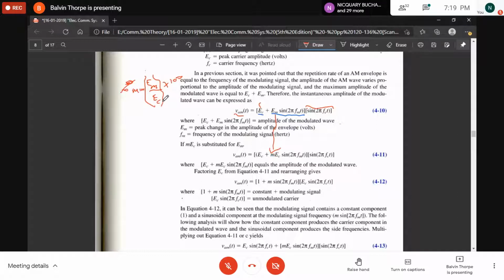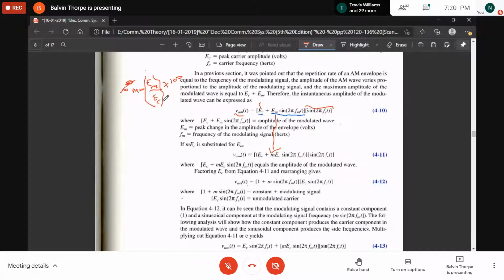The closer the two numbers, EM and EC, are to each other, the less modulation the system will be performing. The less protection, I should say, the system will be doing for protecting the information.